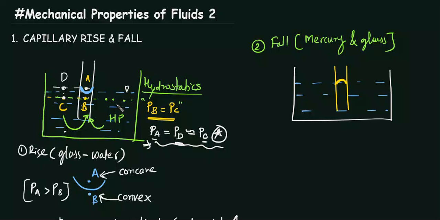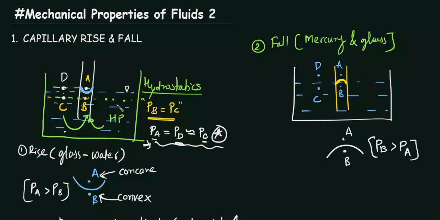And if I take 2 points here, this is point B, this is point A, this is point D, some more points I am taking here, and this is point C. If you see here, this is like this. This point B is here, point A is here, and you should know the pressure at concave side must be greater than pressure at convex side.